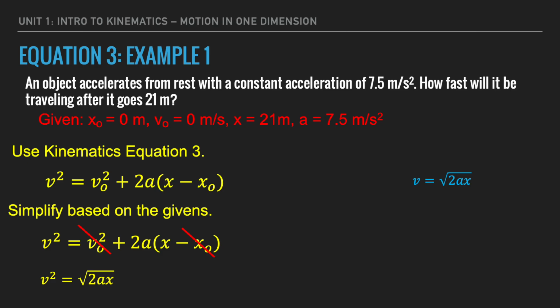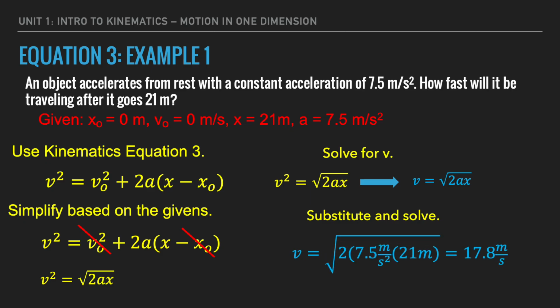So I have v squared equals... I got ahead of myself there. I solve for the v, or the final velocity. And again, substitute and solve. So we should get about 17.8 meters per second.